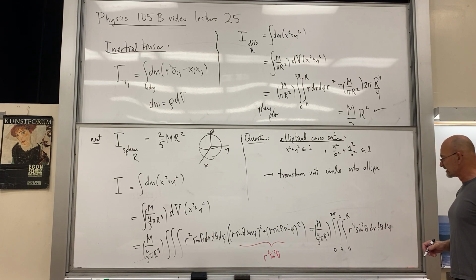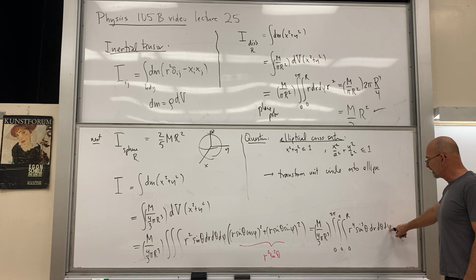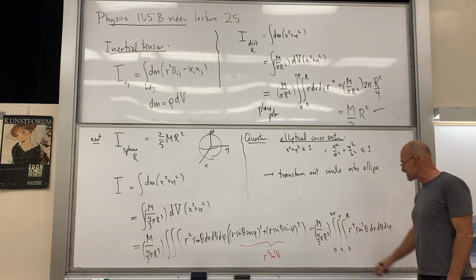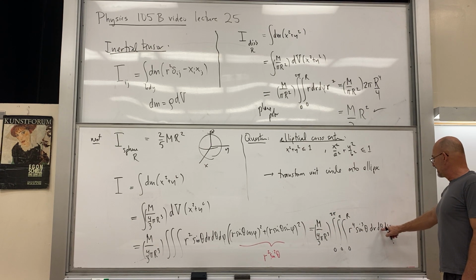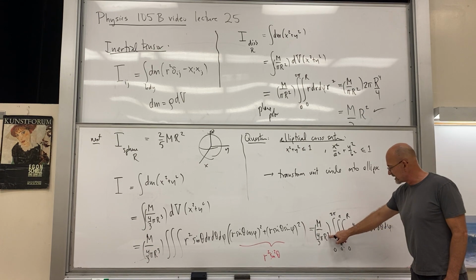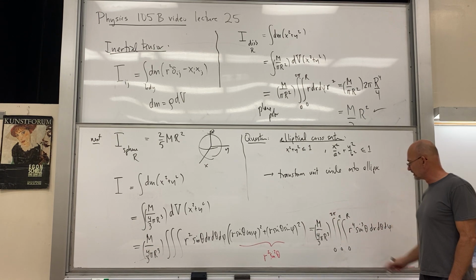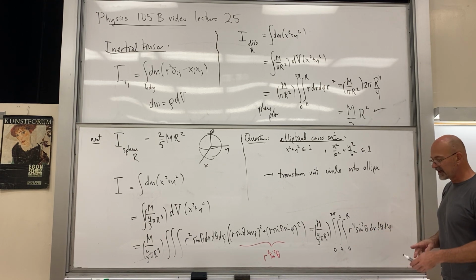So when you do that, as long as we haven't made any mistakes, I don't think we have, the d phi immediately gives you 2 pi, it's going to cancel that. The dr is going to just give you r to the 5th over 5, and that'll cancel those. You'll have your mr squared, so the dimensions are of course right. And then you have to integrate the sine cubed of theta.